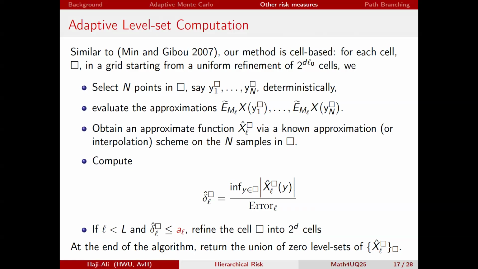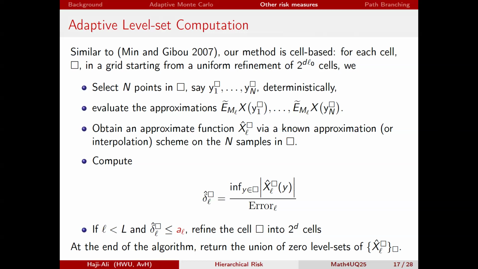So within each cell, we can have an approximation of the expectation, and then we can get the level set as just a union of the level sets of all the cells.